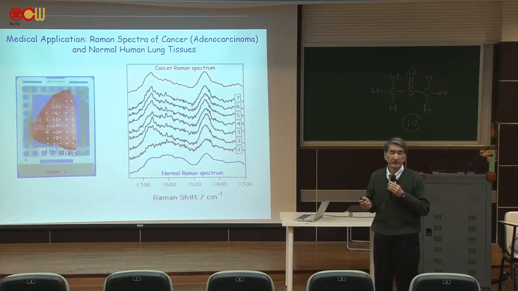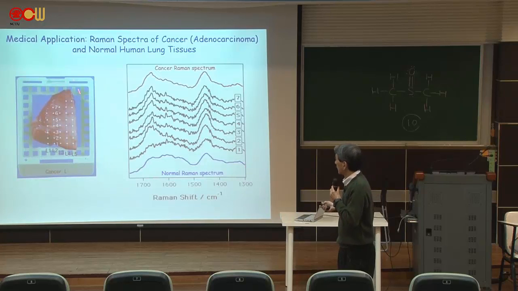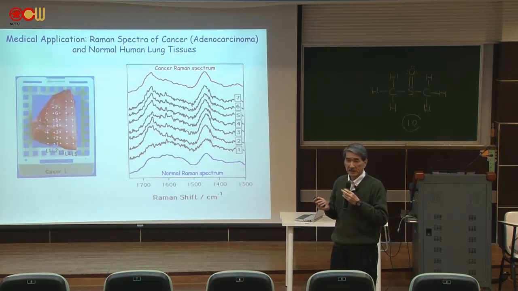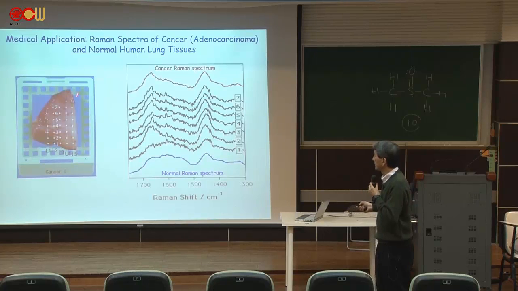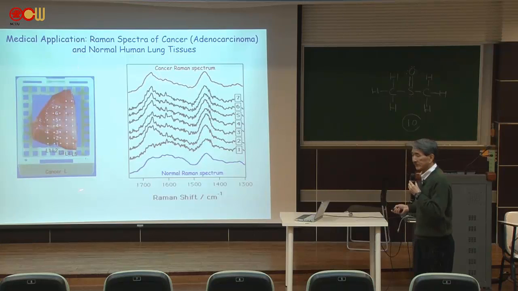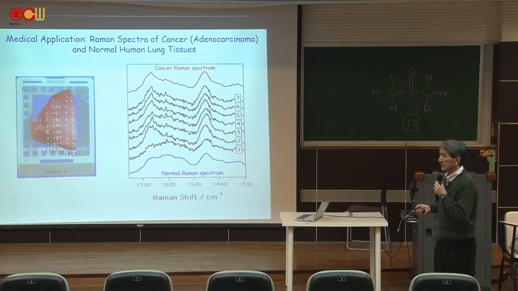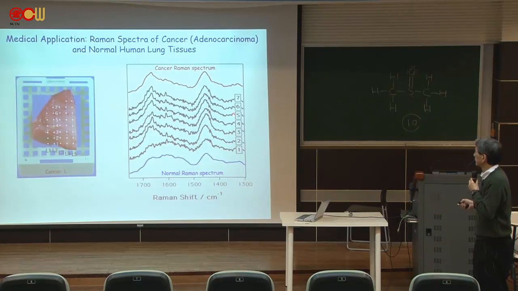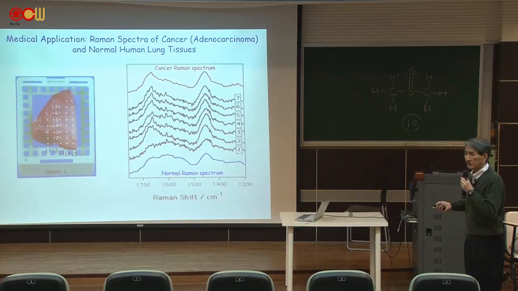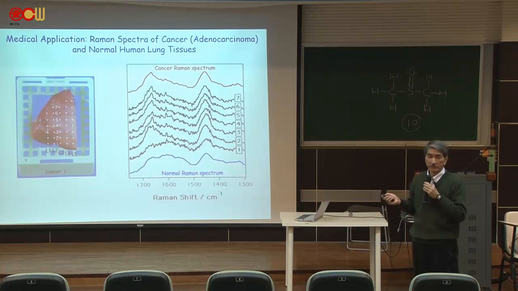We collaborated with a doctor, and after the surgery, we had a cutout of a small piece of lung tissue from a human patient, and then measured the Raman spectrum for these points from 1 to 7, like that. So here I show you 1 to 7. These are the spectra you measure from these different points of the lung tissue.